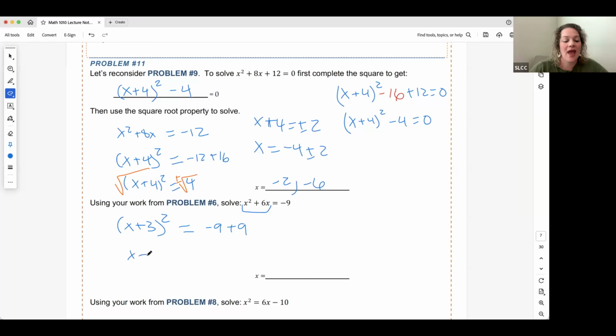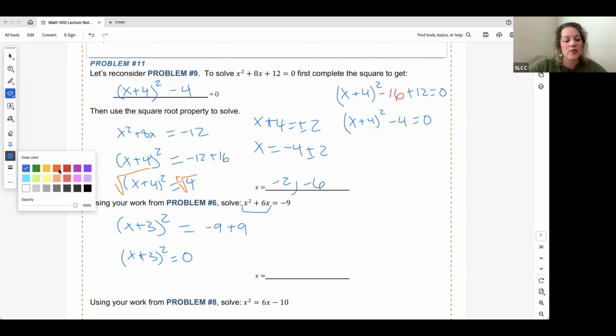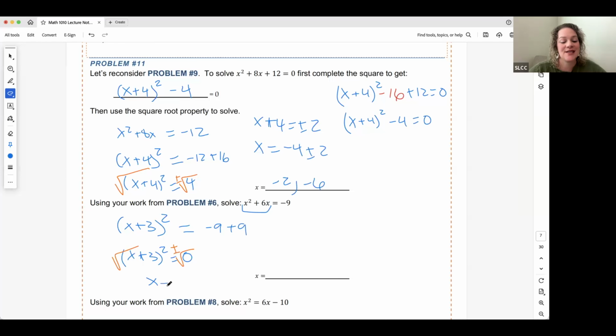And this will be x plus 3, quantity squared equals 0. And then I can take the square root of both sides using that square root property to solve. Don't forget plus or minus, but square root of 0 is just 0, so we don't need to worry about that. And we see that x plus 3 equals 0, so x equals negative 3, and we've solved.